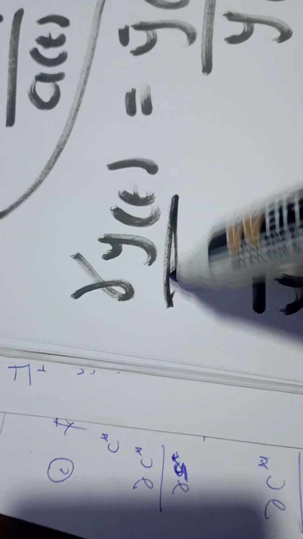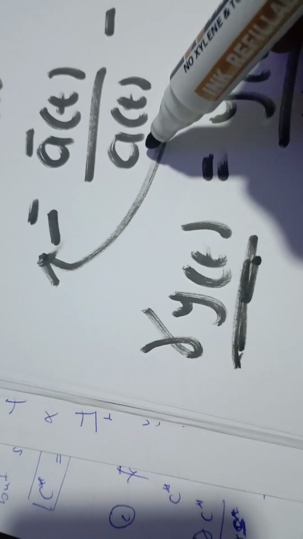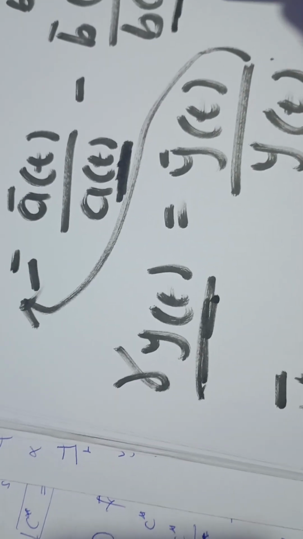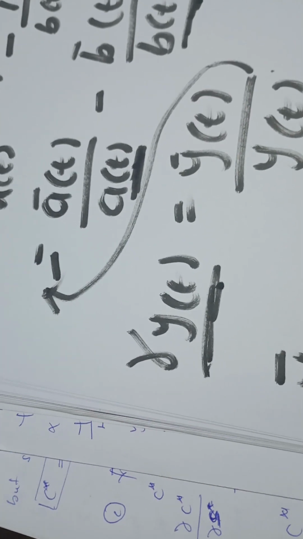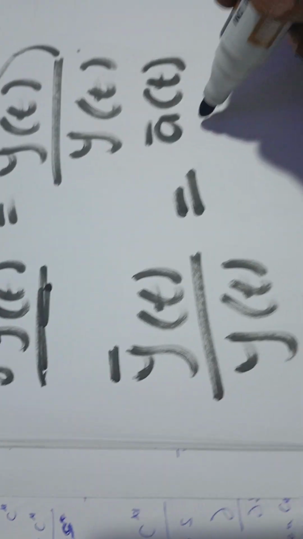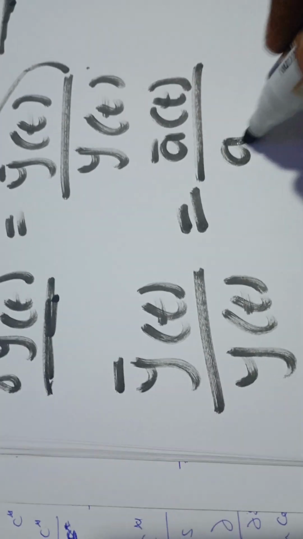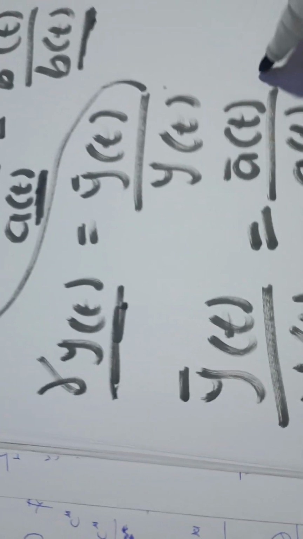Remember, this is the growth rate of y(t). This defines the growth rate of A. This defines the growth rate of B. So this gives us the growth rate of A defined at time t over its initial value minus the growth rate of B defined by this value.